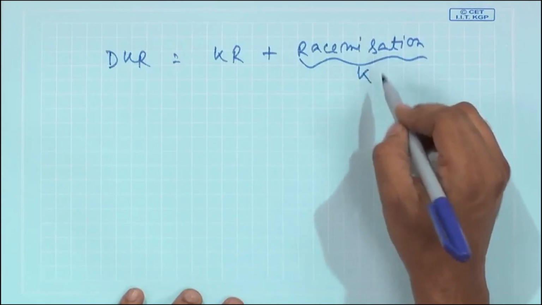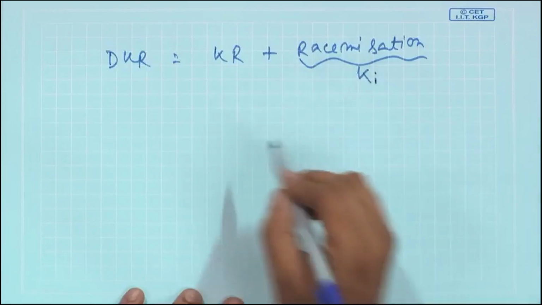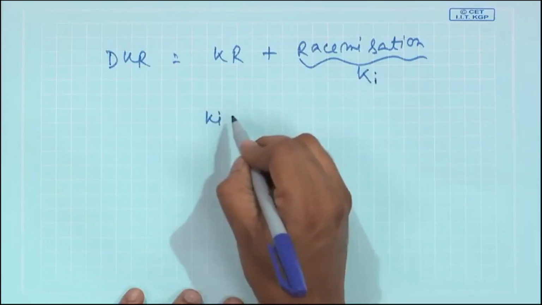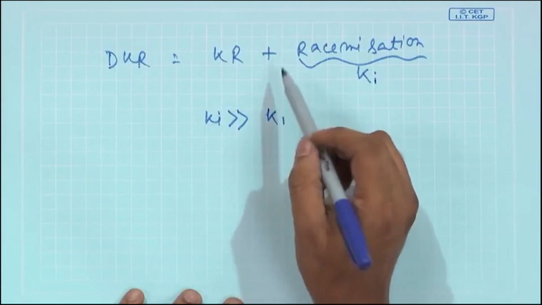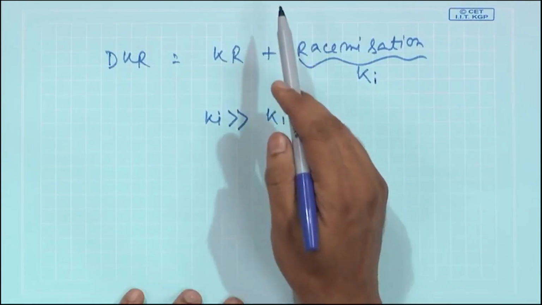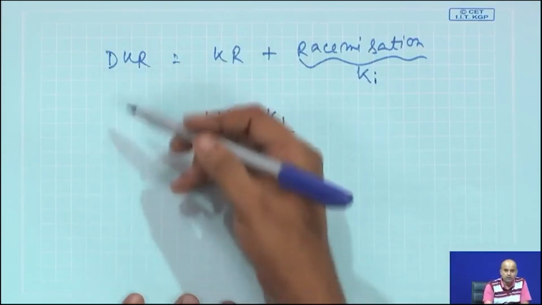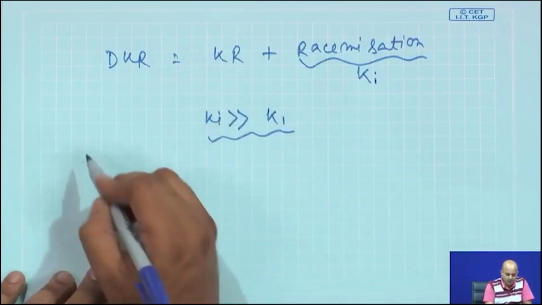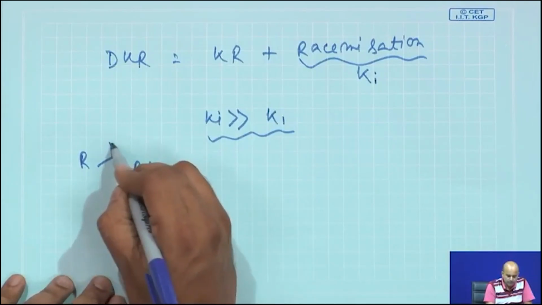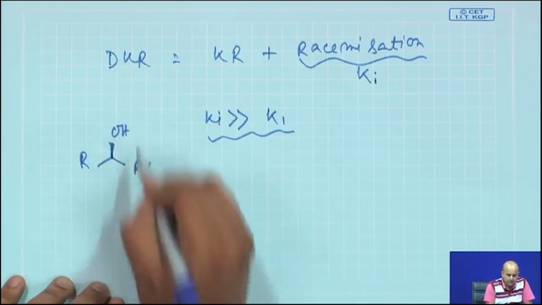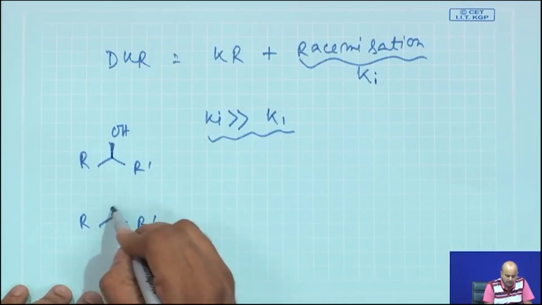The racemization rate constant, say Ki, must be much higher than the rate constant of the faster enantiomer, meaning that there will always be a dynamic equilibrium between the slow reacting enantiomer and the fast reacting enantiomer.